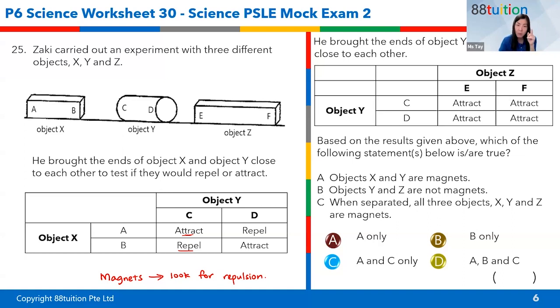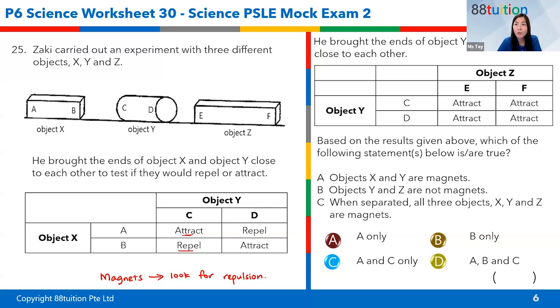So y'all got to know because it came out in some school exams before. Students are asked, why is it that we cannot use attraction to confirm whether two objects are magnets? If you can't write it down clearly, you lose the marks.